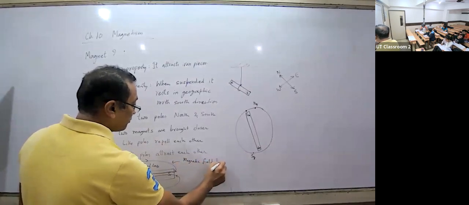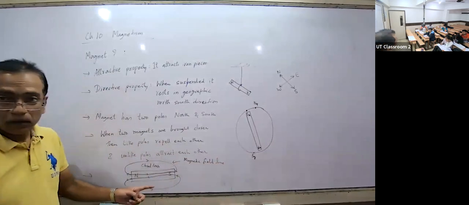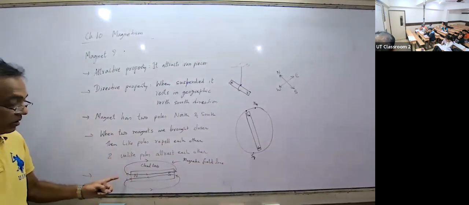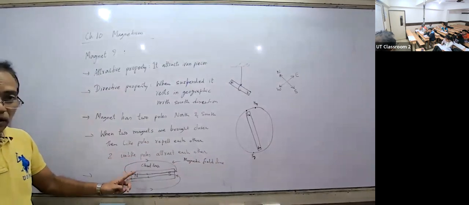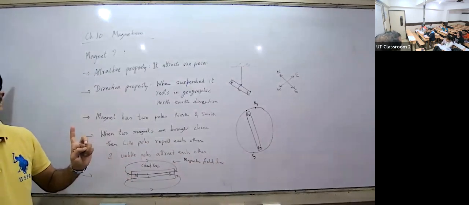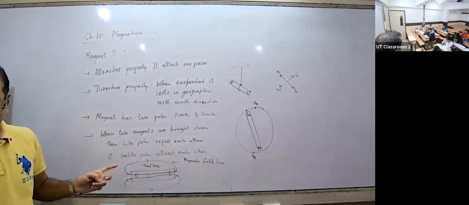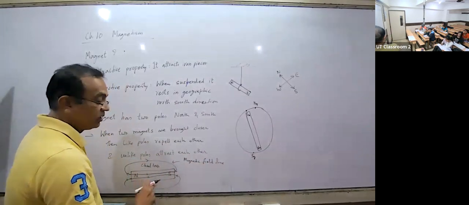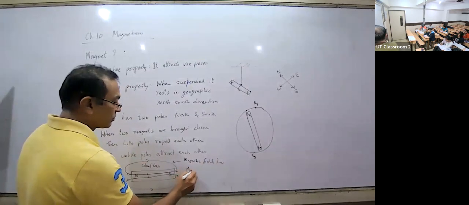Now what is a magnetic field line? It is the visual representation of magnetic field in the region around any magnet. And what is magnetic field? So field line represents magnetic field, but what is magnetic field?